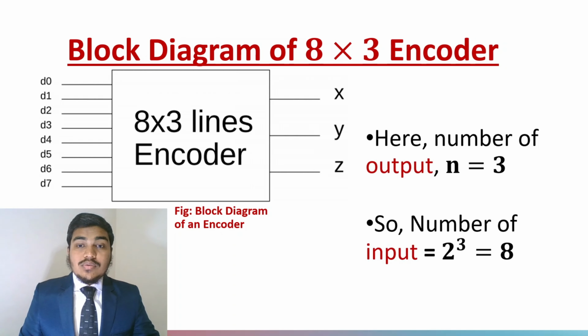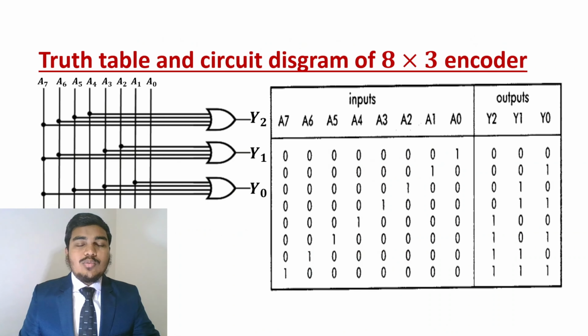Here, the encoder is taking 2 to the power 3 number of inputs, which is 8 inputs, and generating 3 outputs. Here we can see the circuit diagram and the truth table for the 8x3 encoder, and we can see that from A0 to A7 there are a total of 8 inputs, and corresponding to each input there is a unique set of outputs.